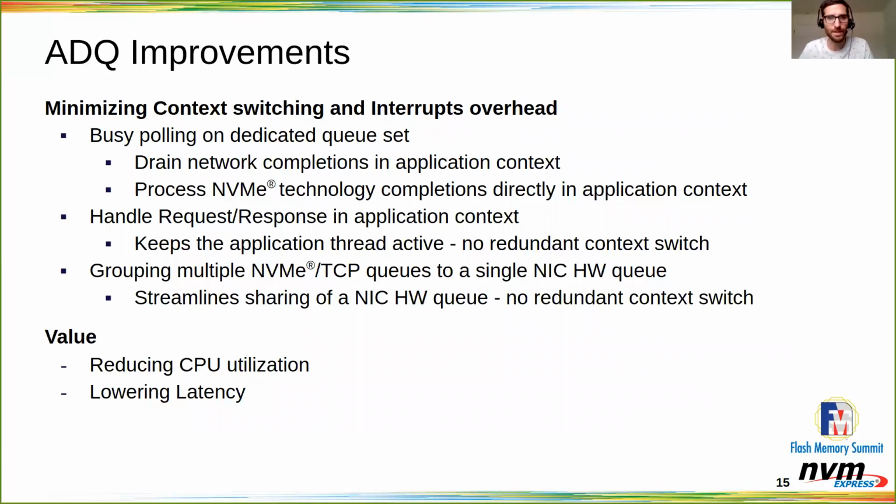What we are doing is draining the network completions within the application context as it's polling, and we process completions directly in the application context. We handle the request when we send and the response directly, eliminating the context switch between the I/O context and the application.